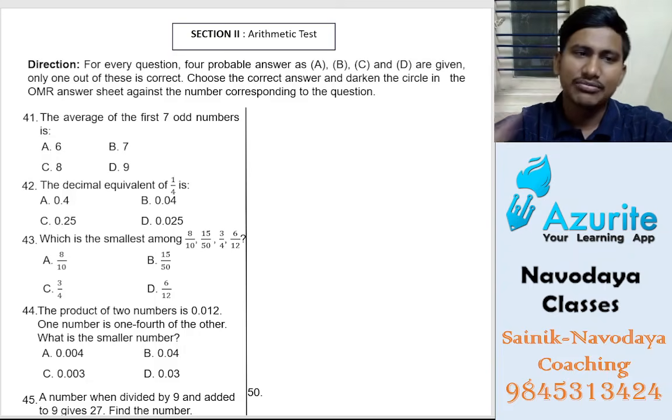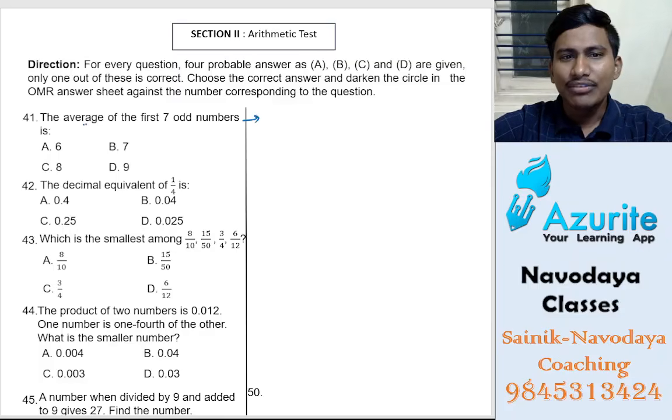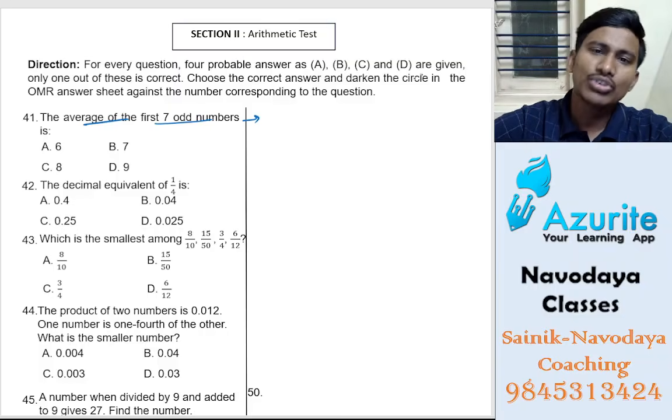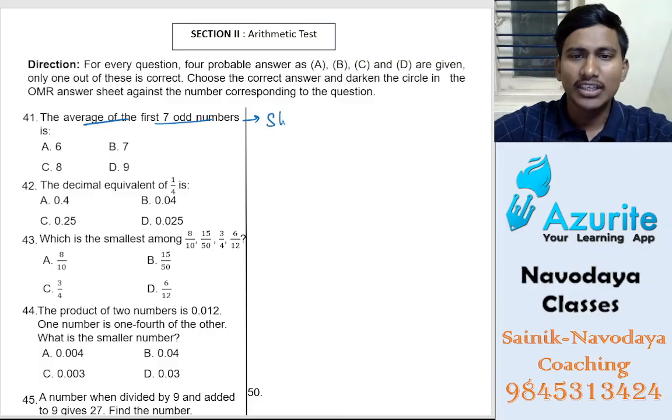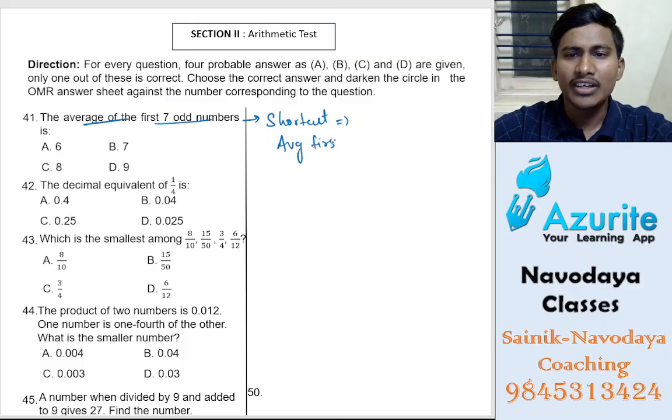Okay, so first, question 41. What is question 41, if you see? The question is the average of the first 7 odd numbers. You should remember there is a shortcut. What is the shortcut? For the average of the first odd numbers, it will always be the number of numbers.